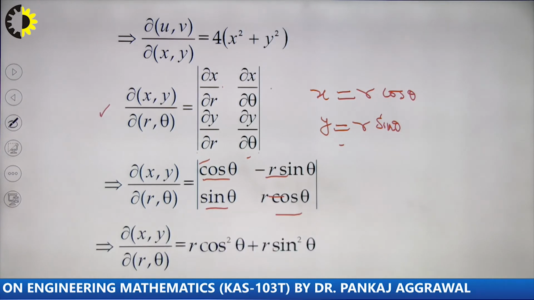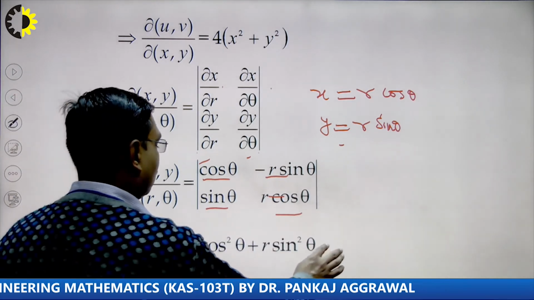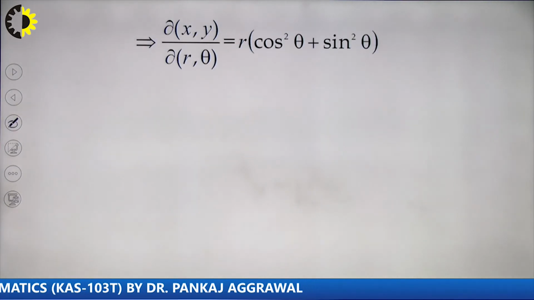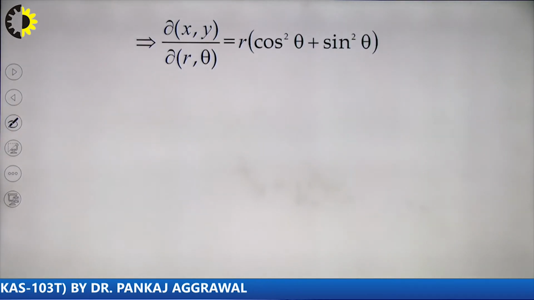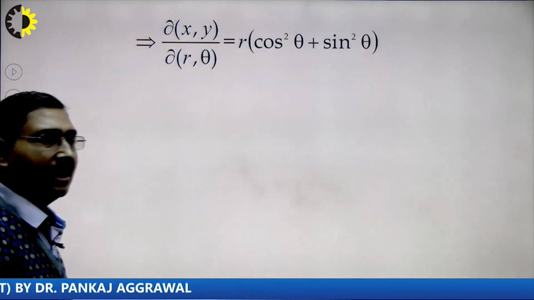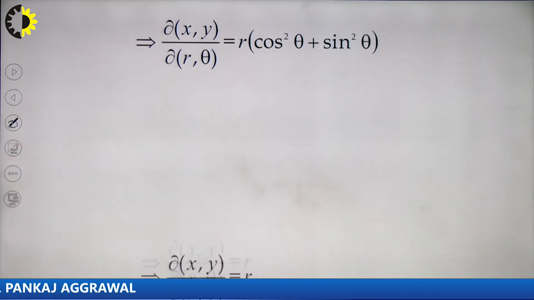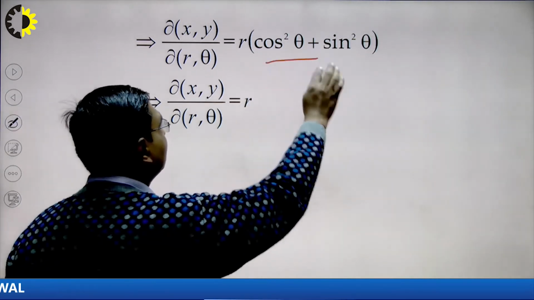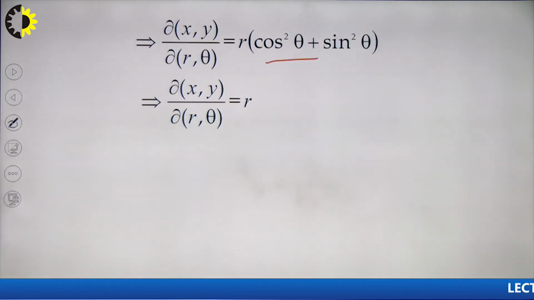Simplifying it, I obtain r cos square theta plus r sin square theta. This r can be taken outside, and it becomes r times cos square theta plus sin square theta, which is nothing but r, because cos square theta plus sin square theta will always be 1.